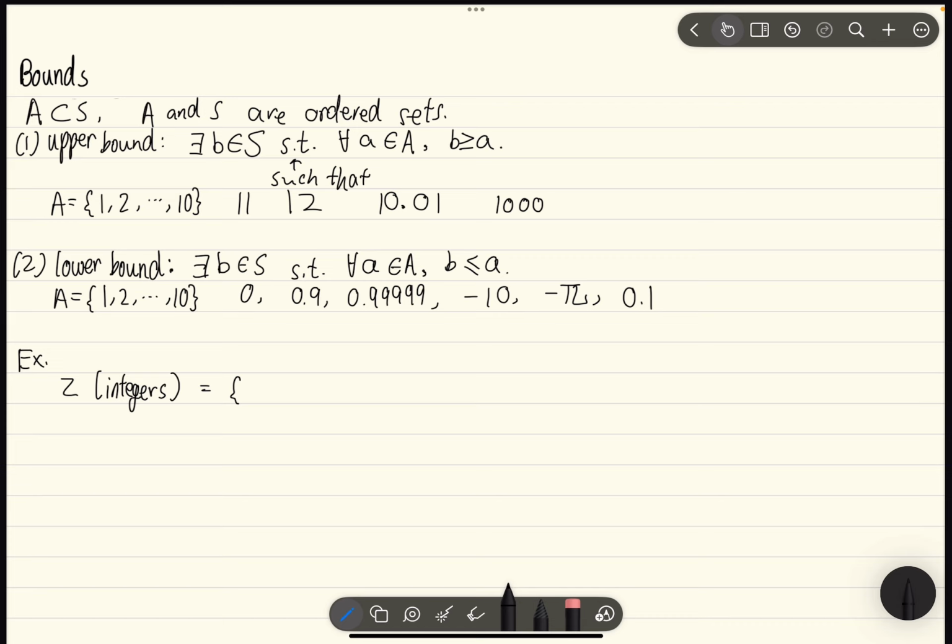For instance, we can have all the numbers before this number here, negative 3, negative 2, negative 1, 0, 1, 2, 3, and all the numbers larger than 3, up to infinite. So in this case, for any number, let's say that is b, let's assume that b is an upper bound of Z.